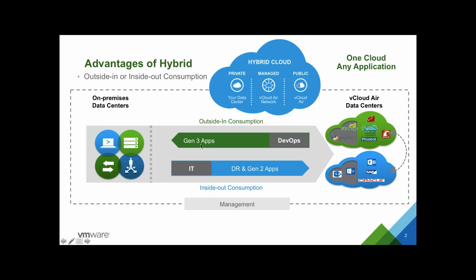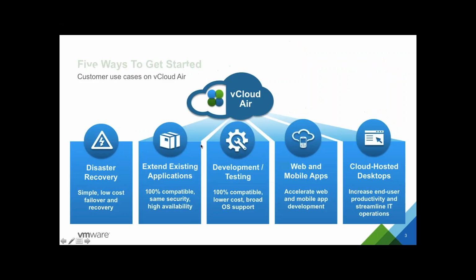So for what we see in our customers, there are 5 use cases that our customers are using vCloud Air for. The first one is disaster recovery. Disaster recovery is a very simple and low-cost failover and recovery solution that allows you to have a secondary site on the cloud that is consuming minimal resources and is ready for becoming the primary site whenever a problem or a disaster happens.